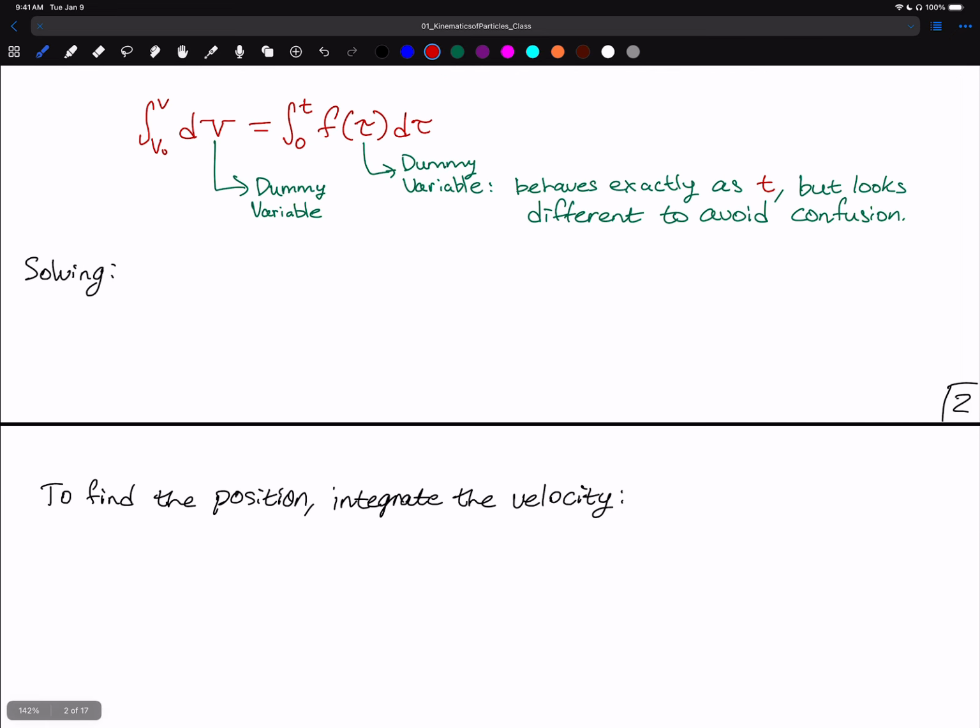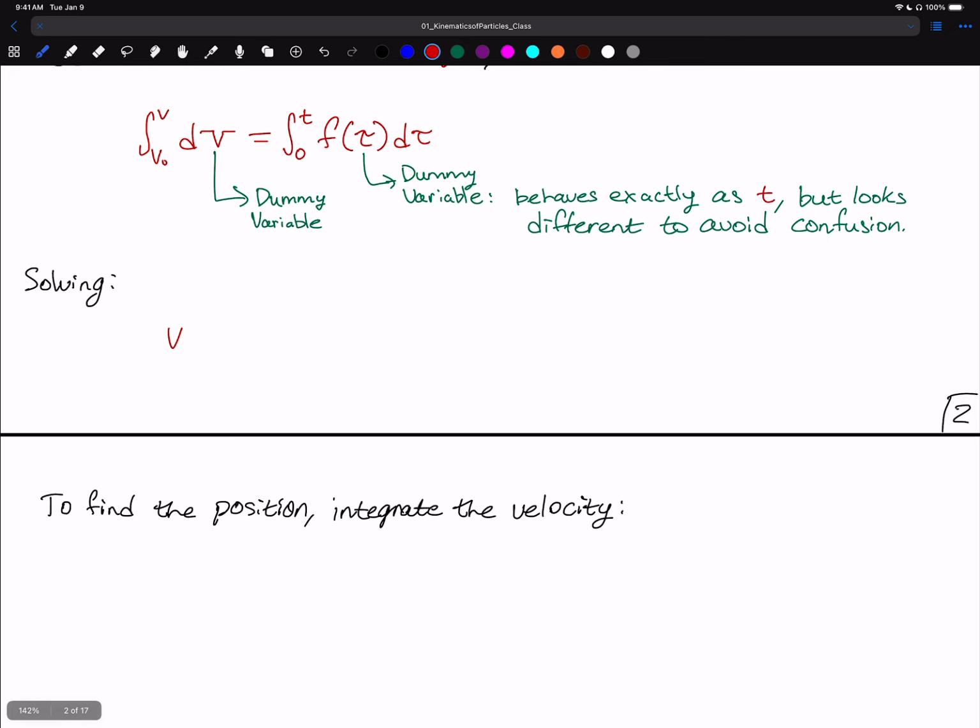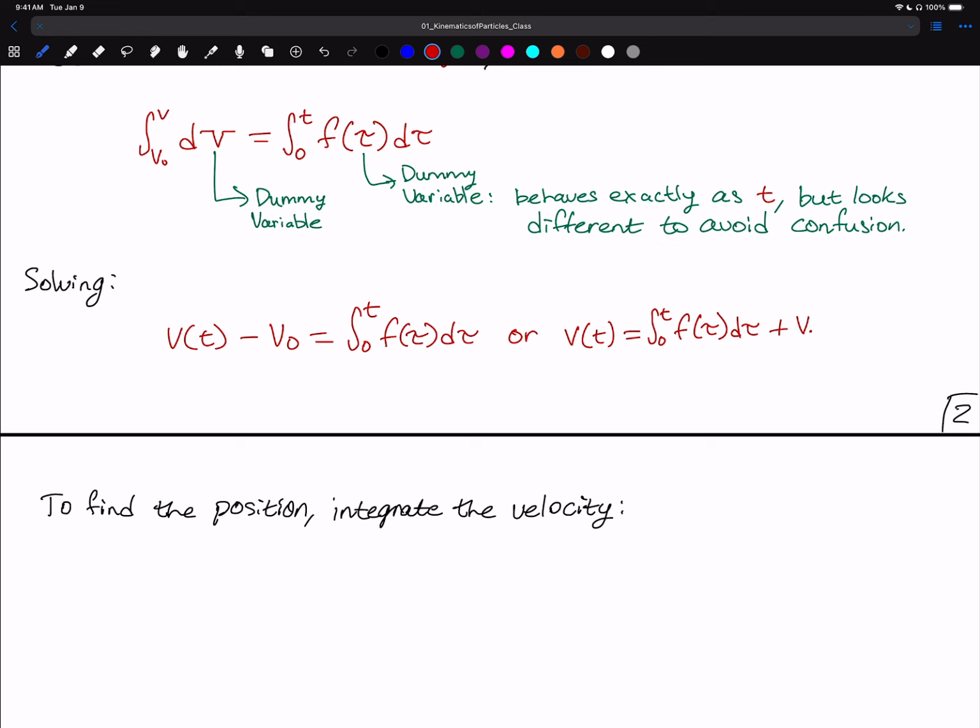Solving, what we'll get now is v of t minus v0 is equal to the integral from 0 to t of f of tau d tau, or that v of t is equal to the integral from 0 to t of f of tau d tau plus v0.